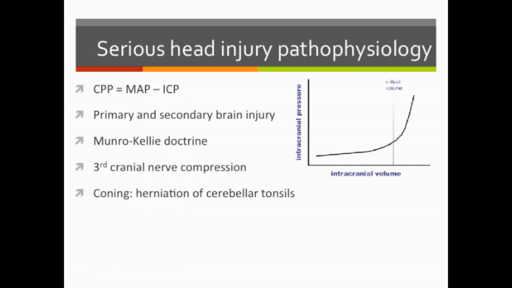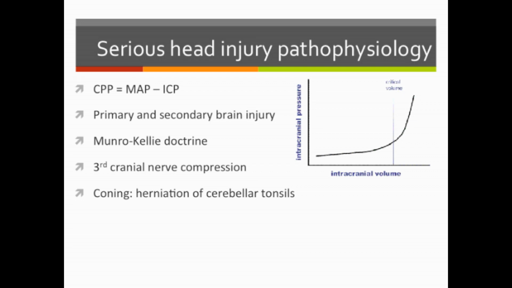So, what are we aiming to do in the serious head injury? What are the key problems? Well, the key problem in a serious head injury is that you have an area of brain tissue that will be irreversibly damaged by the trauma, and there's not very much that we can do about reversing that injury, unfortunately.